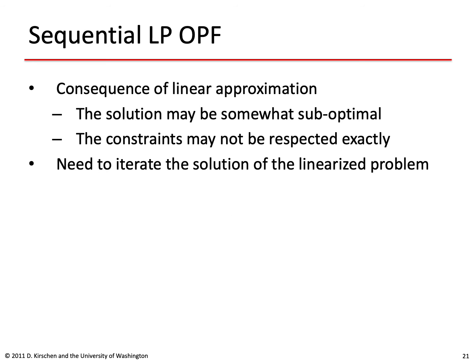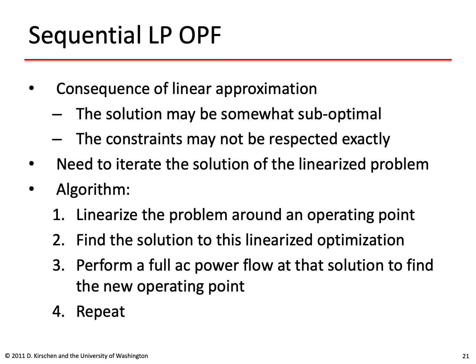And the algorithm would work as follows. You start by linearizing the problem around an operating point. You find the solution to this linearized optimization. Then you perform a full AC power flow at that solution to find a new operating point, and you repeat the linearization and the optimization.